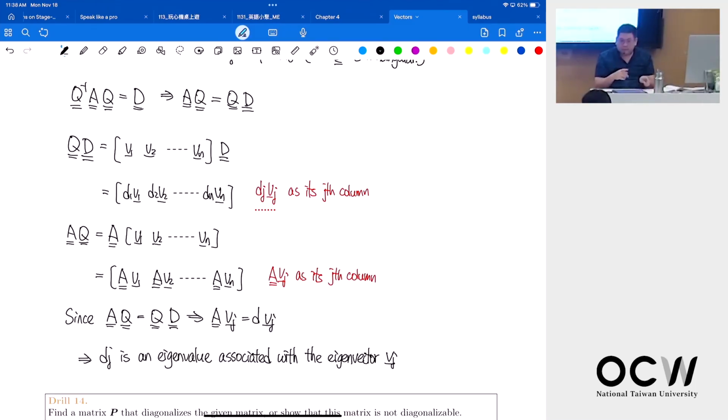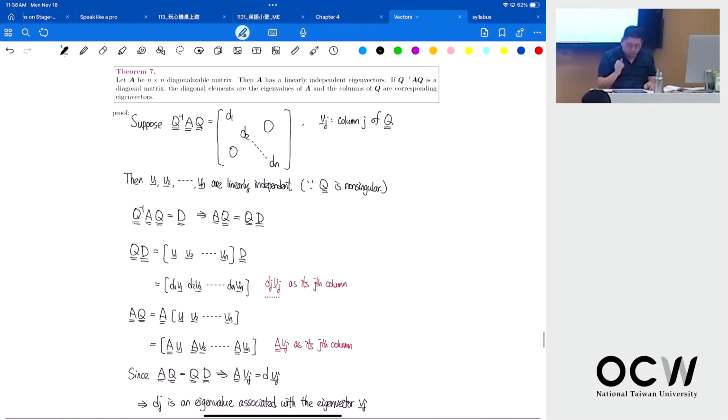All right, any questions for this? Overall, if I have a matrix that diagonalizes a matrix A, that matrix is formed by the eigenvectors of A. And when it diagonalizes A, the final diagonal matrix is composed of the eigenvalues.